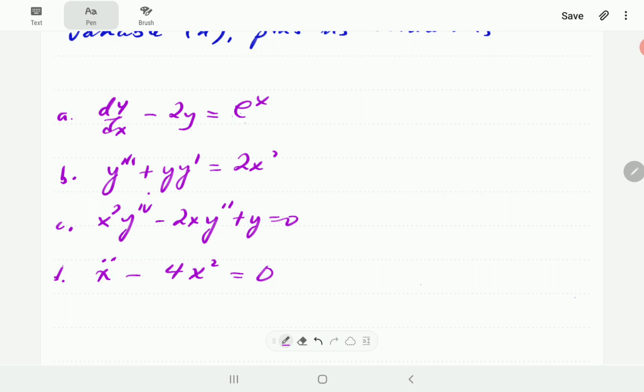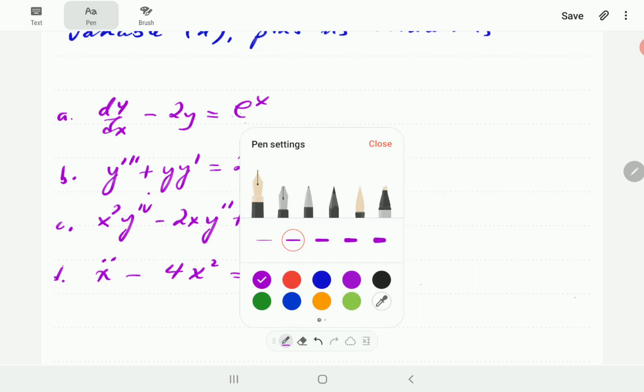Now, in each case, there is an independent variable and a dependent variable plus its derivatives. In A, the dependent variable is y, independent variable is x. It's always the variable with respect to which we differentiate.